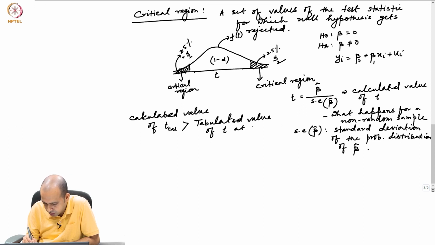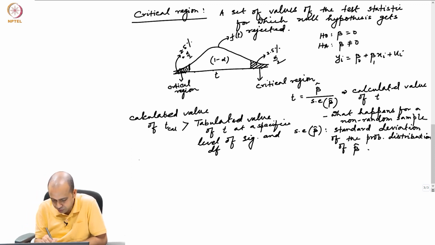at a specific level of significance and degrees of freedom, then we will say reject your null.